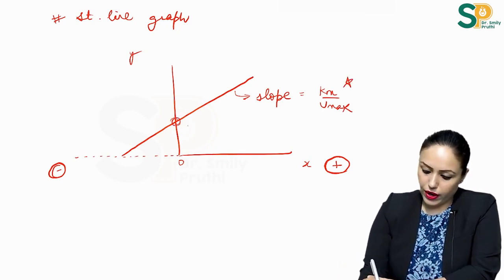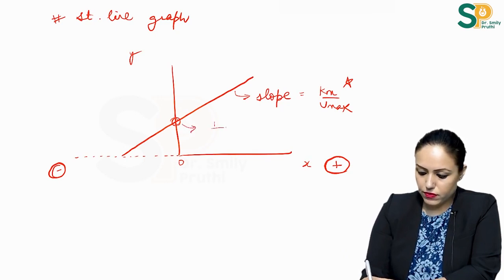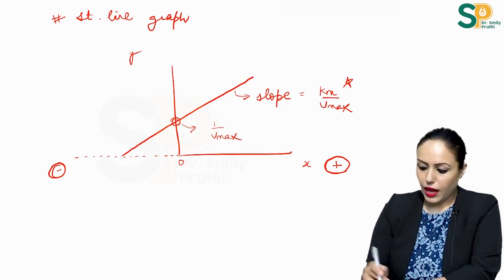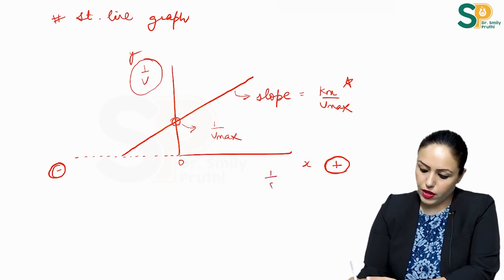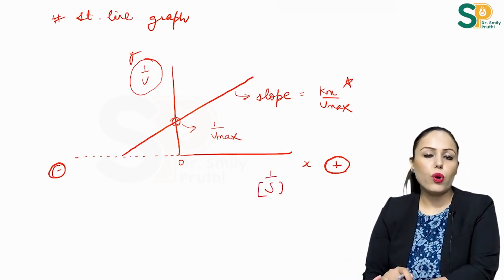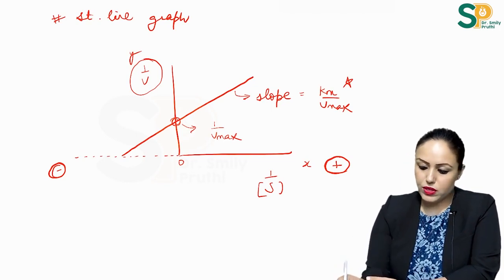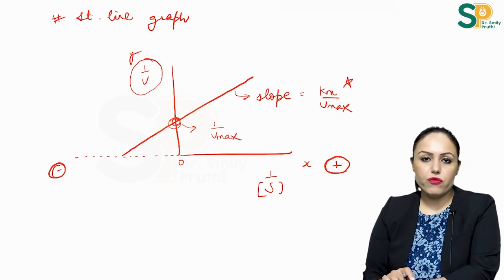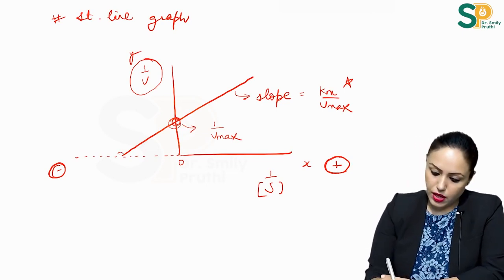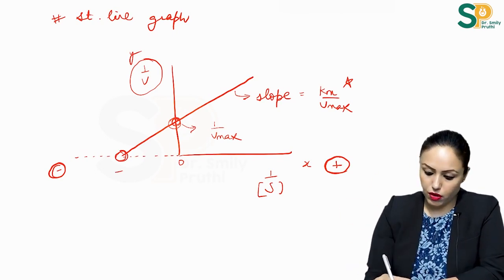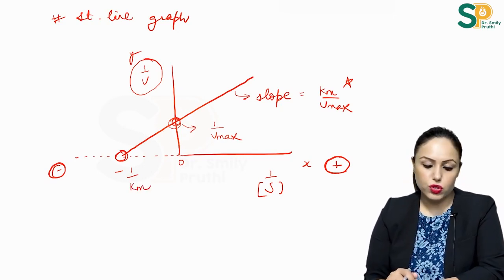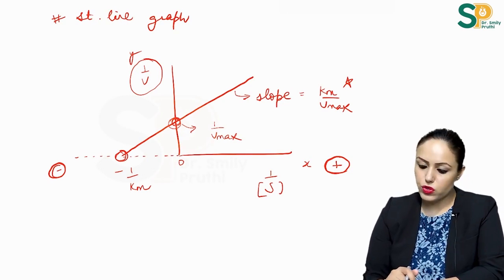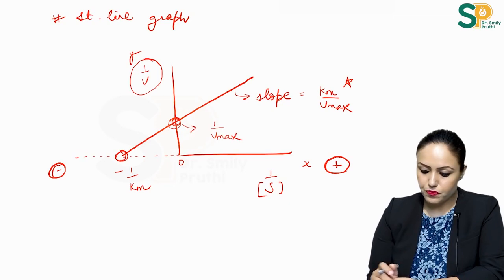Then what is the intercept on the y-axis? The intercept on the y-axis is 1 by Vmax, as we are taking 1 by velocity on the y-axis and 1 by substrate concentration on the x-axis. So slope is Km by Vmax, intercept on the y-axis is 1 by Vmax. Intercept on the x-axis is on the negative side of the graph. It is minus 1 by Km. It is the reciprocal of substrate concentration taken, but this point represents Km. So it's minus 1 by Km, right?